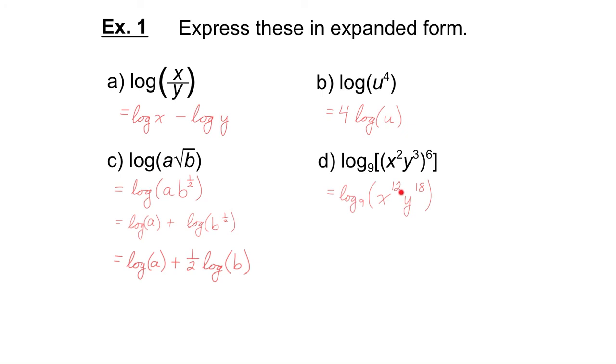So if I'm multiplying within the log, I can split it up and add two separate logs. And now I have exponents inside my log, so I can take the exponent outside, put it in front for each. So I end up with 12 times log base 9 of x plus 18 times log base 9 of y. That's fully expanded. I can't simplify these anymore.